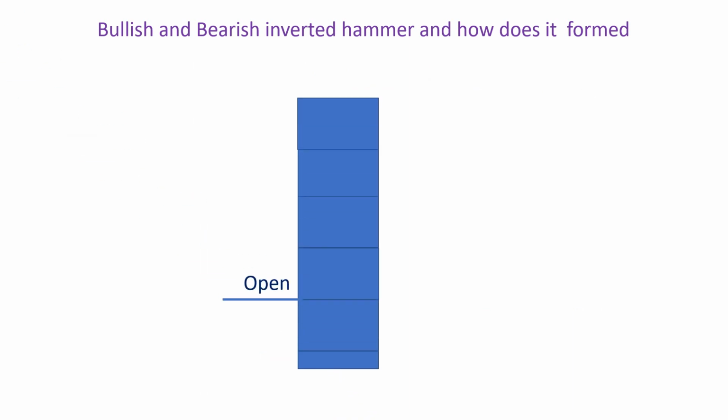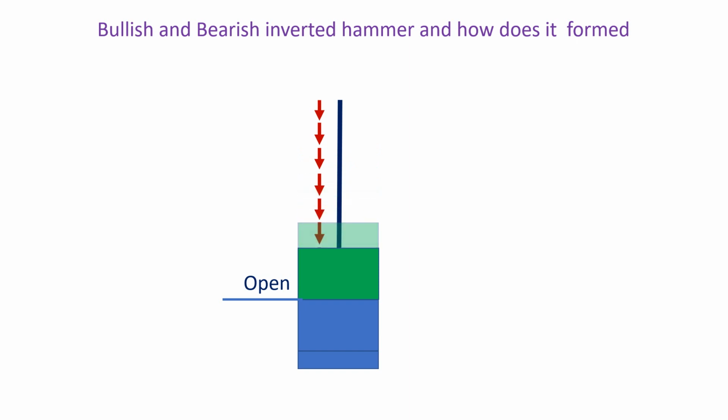Now let's assume this is another candle with D1 time frame. The price opens in the morning here, and the price goes up by the buyers. The buyers push the price up all the way, and unfortunately it got rejected by the sellers. So sellers are very strong, still pushing the price down.